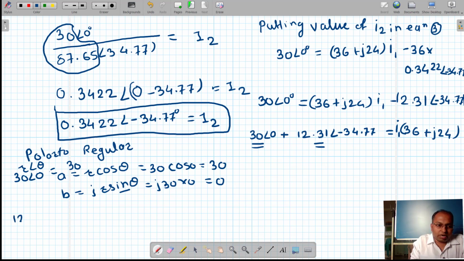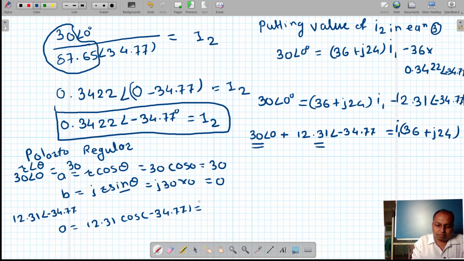Fine. And what about this 12.31 angle minus 34.77? Now let us calculate its a and b. a equals 12.31 cos of minus 34.77.